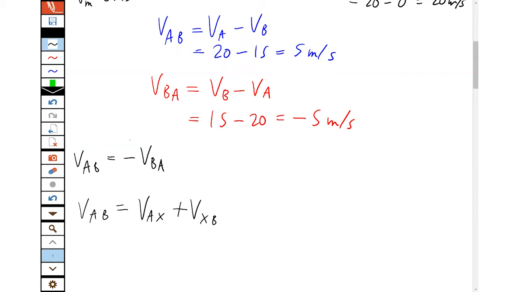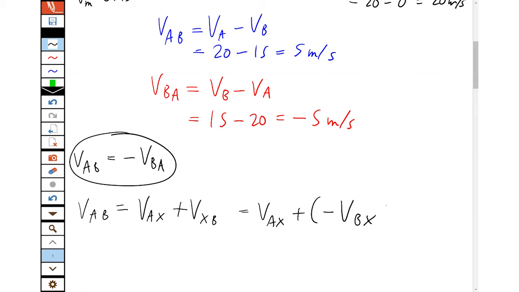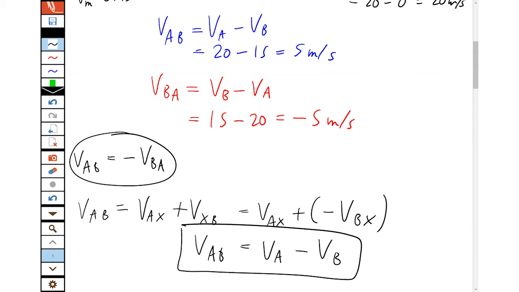So, because the velocity of AB is equal to minus the velocity of BA, we have the velocity of AX plus minus the velocity of BX. So it's just the velocity of A relative to some point minus the velocity of B relative to some point. And that's the version I use. I find it just easier to follow and to plug things in.